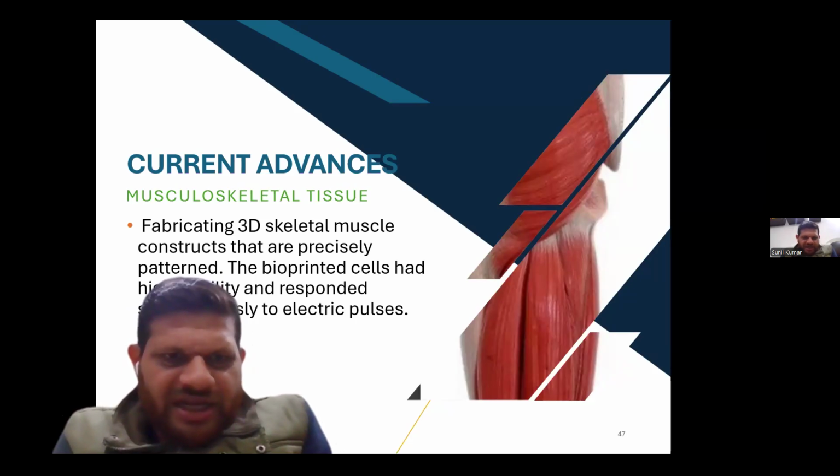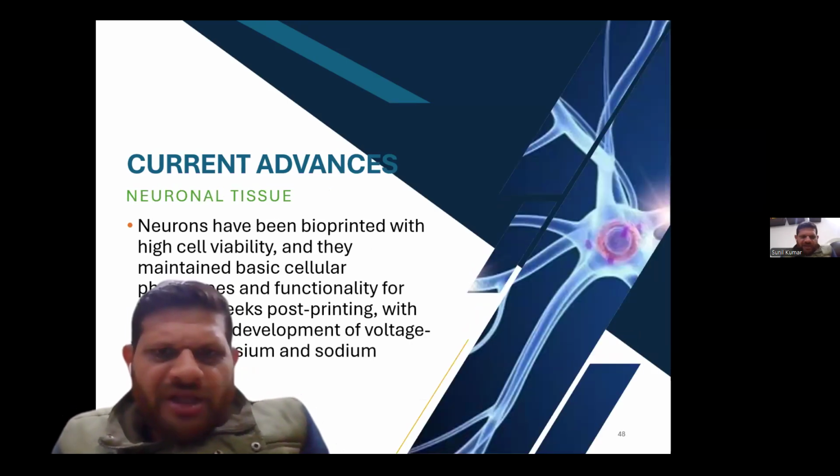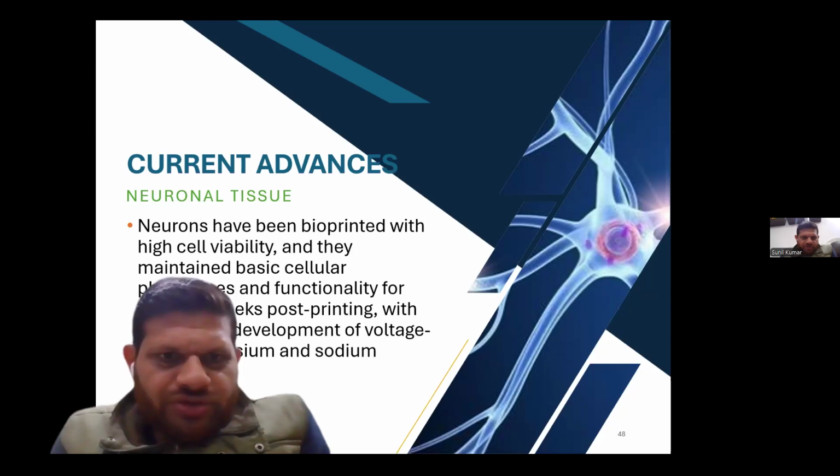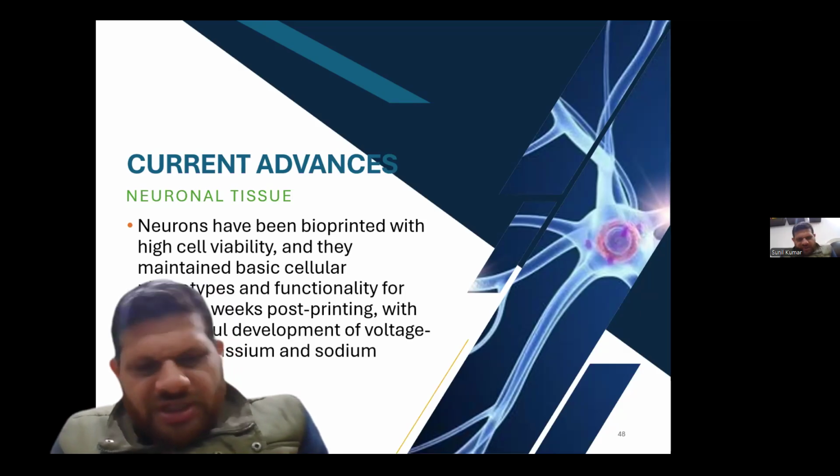The bioprinted cells had high viability and responded synchronously to electrical pulses. Then there is also advancement in neuronal tissues. Neurons have been bioprinted with high cell viability and they maintain basic cellular phenotypes and functionality for over 2 weeks post printing, with successful development of voltage-gated potassium and sodium channels.